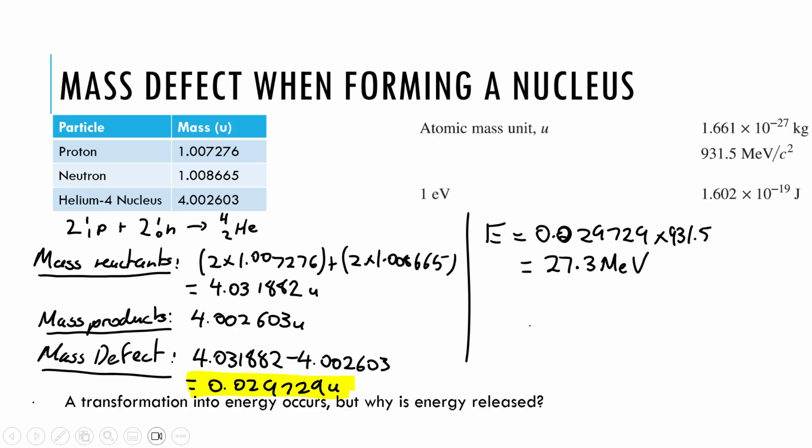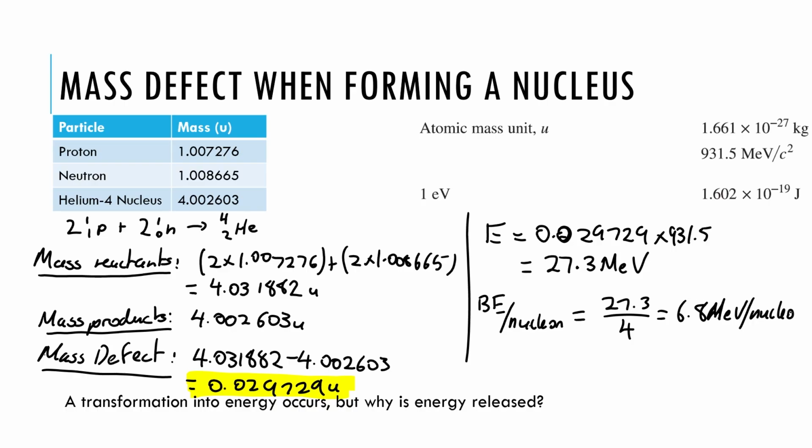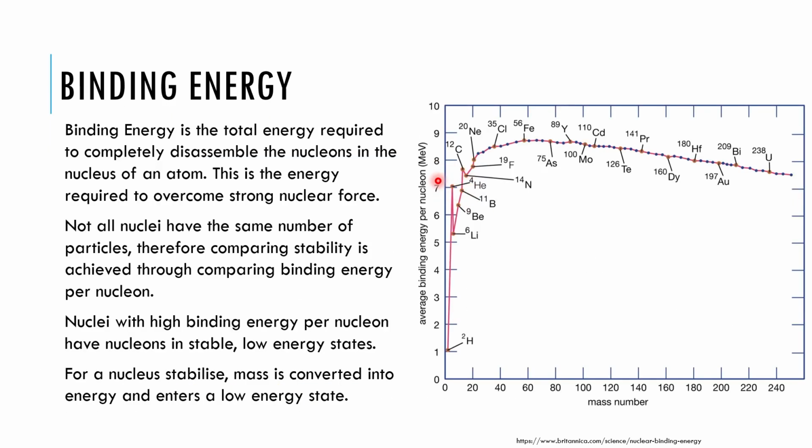We can also express this as a value of binding energy per nucleon by dividing by the number of nucleons. And this is approximately 6.8 mega electron volts per nucleon, which matches up approximately with the average binding energy per nucleon as plotted here in our graph.